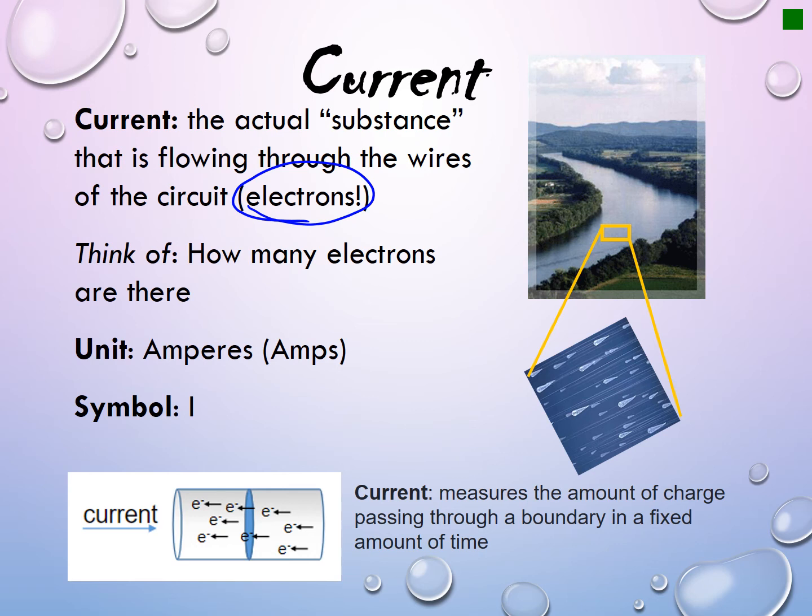In this one, it is the electrons, because they are the most important thing for electricity. Current is the number, or amount, of electrons that are flowing. The unit is amperes, which we abbreviate as amps, and its symbol in the formula will be I. I know it makes no sense, but it is I.